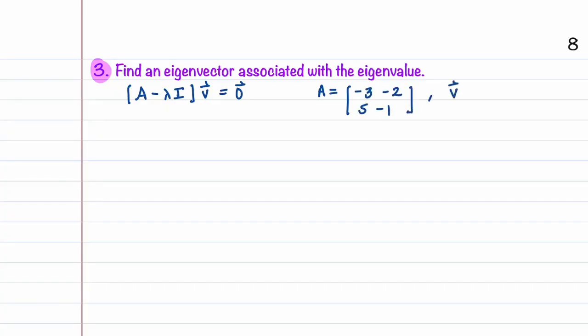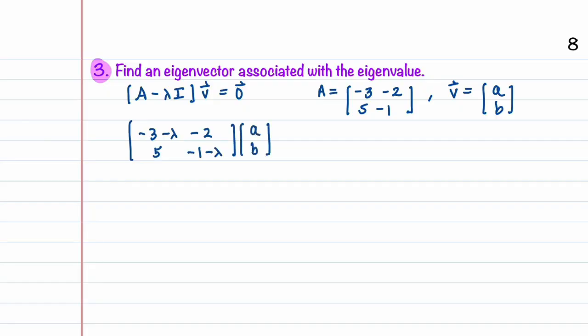And I'm just going to arbitrarily choose that vector v is equal to a, b. Let's now go ahead and set this up. A minus lambda I is going to be minus 3 minus lambda, minus 2, and then we have 5, and we have minus 1 minus lambda, and we're going to multiply this by a and b. That's in for vector v, and it's equal to 0, 0.